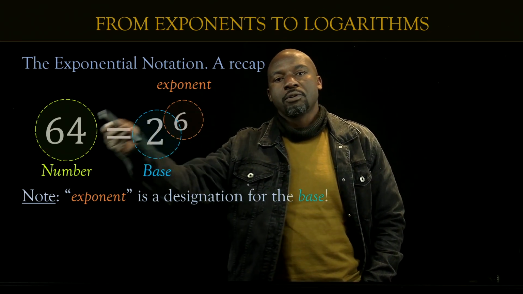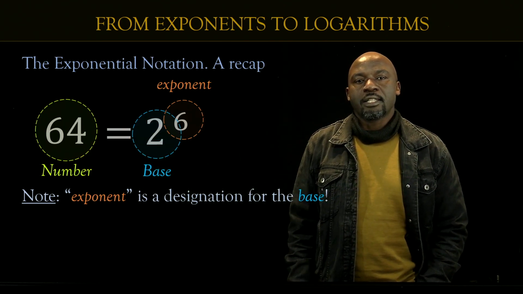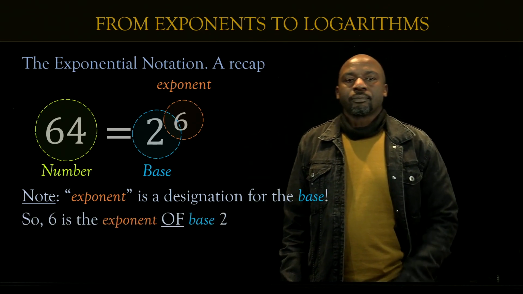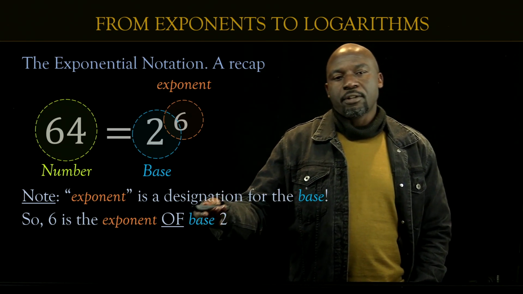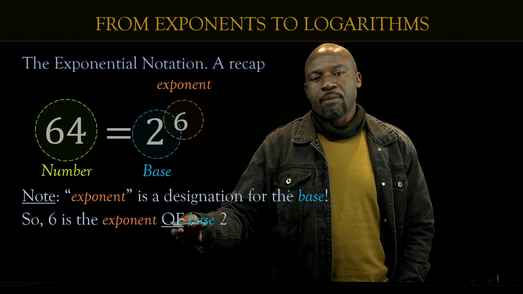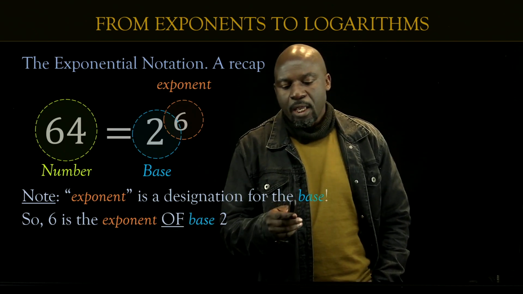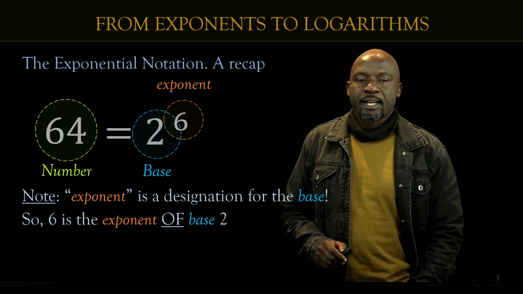It does not belong to the 64, it belongs to 2, and we say that 6 is an exponent of the base 2. So I'm stressing "of" to indicate that it belongs to the base 2. It is when we are referring to that base that we say 6 is an exponent.